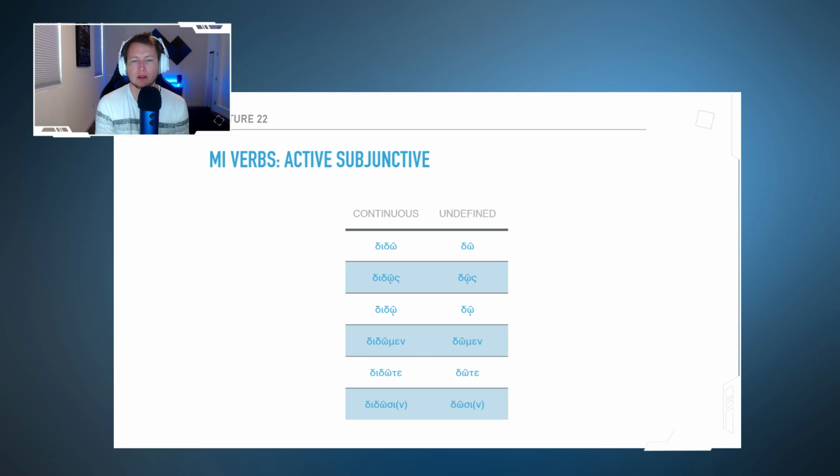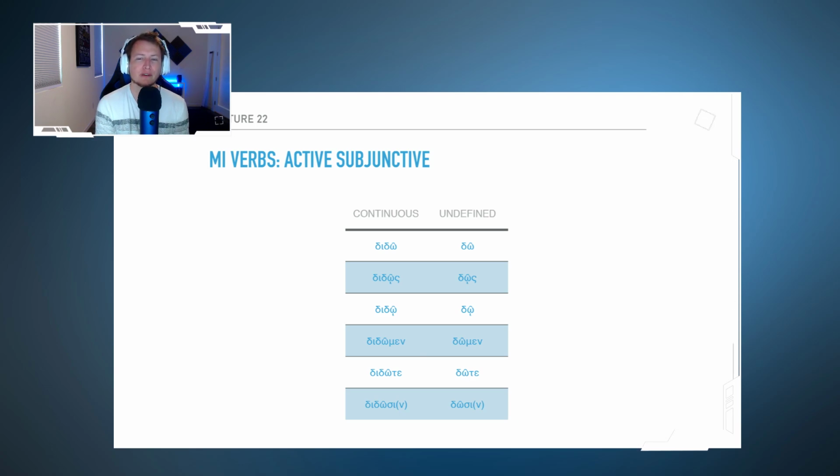Okay? So remember, when you're dealing with subjunctive, you add the helping word continuously when it's present tense stem. So I might give continuously. You might give continuously. He might give continuously. We might give continuously. You all might give continuously. They might give continuously. Okay?